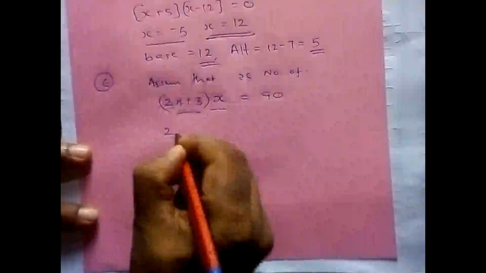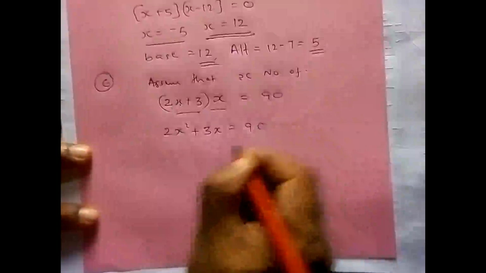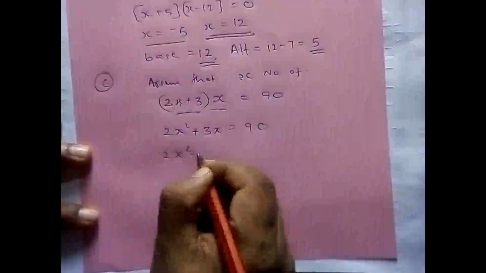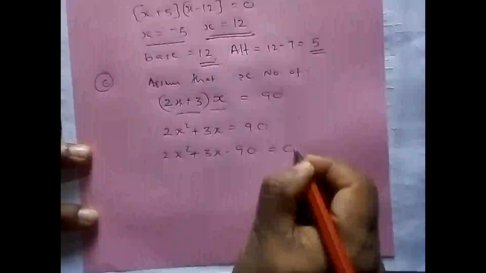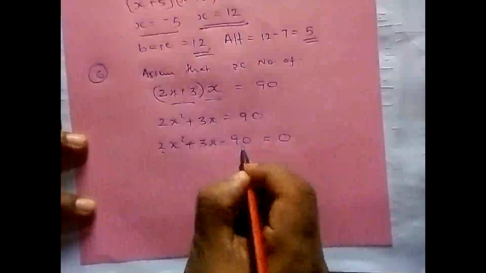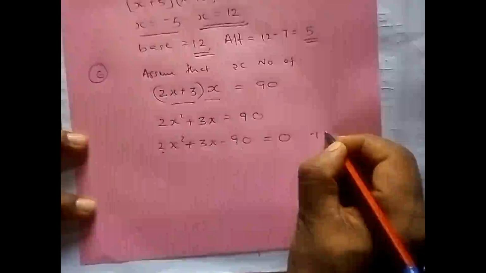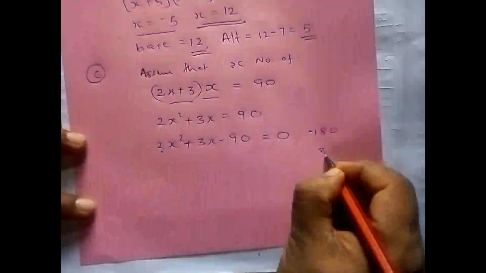We will simplify 2x square plus 3x equal to 90, or 2x square plus 3x minus 90 equal to 0. By middle term split method, 2 into minus 90 is minus 180 here. That is AC, and B is equal to 3 here.